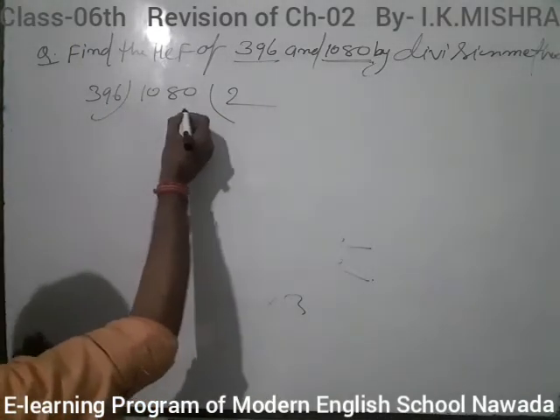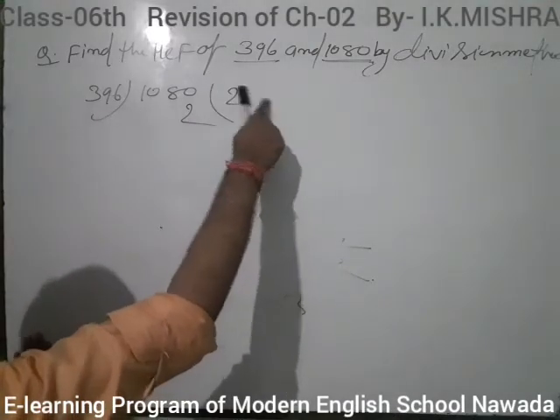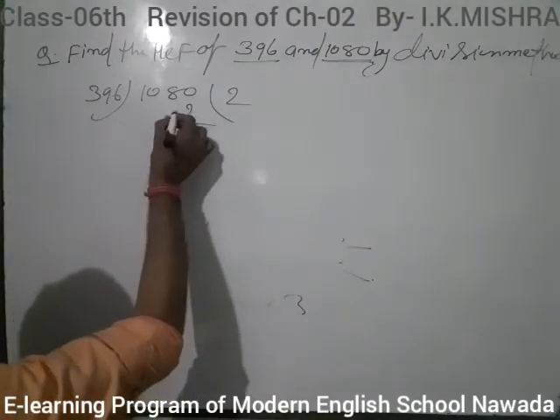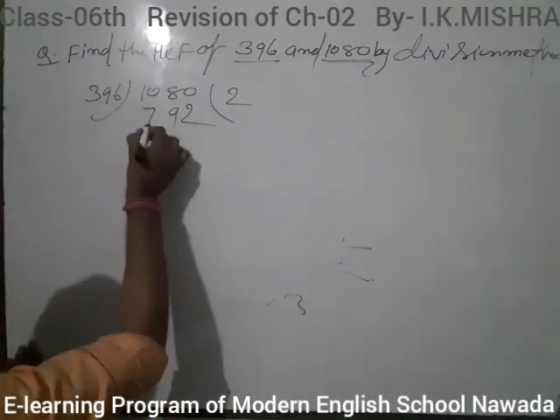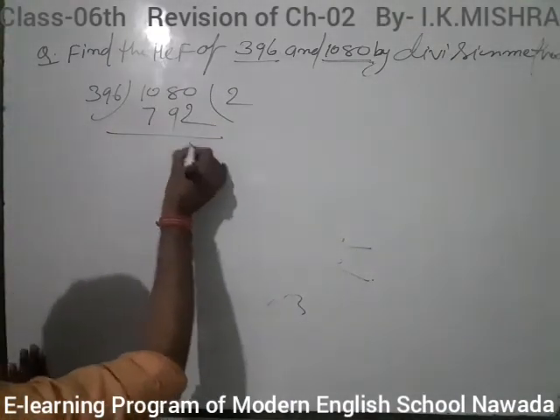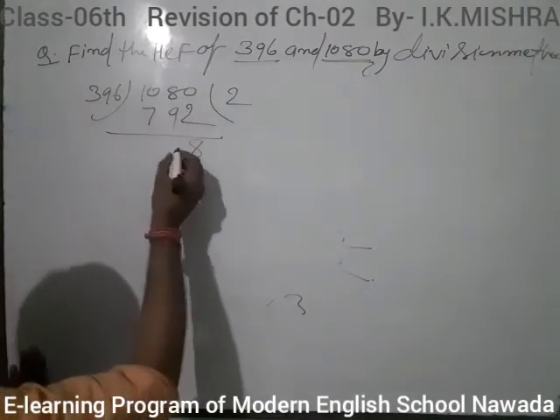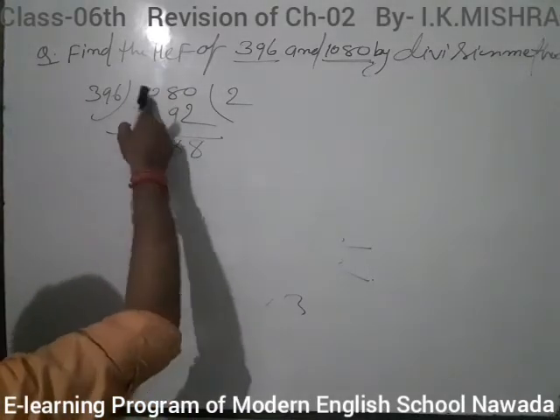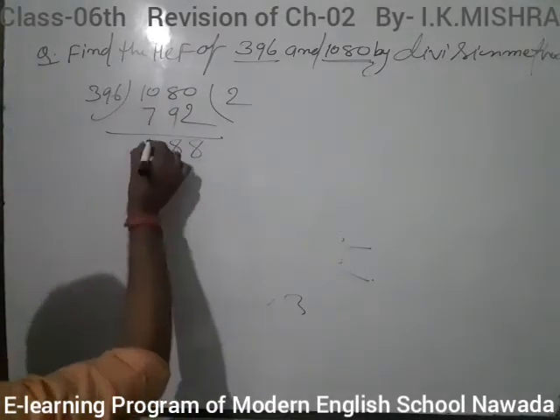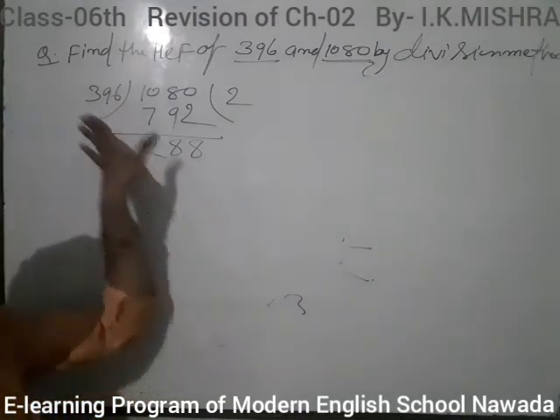2 times 396 is 792. Subtract, here it will be 288. Students, now it is not divisible by this.